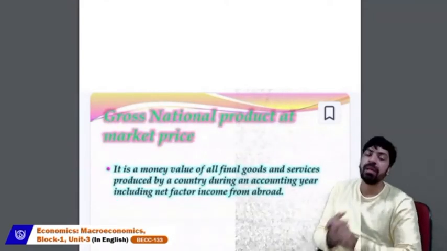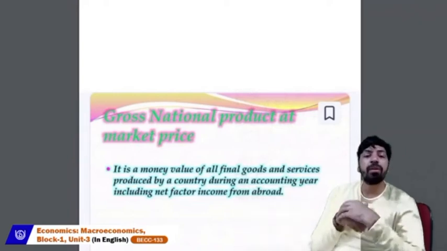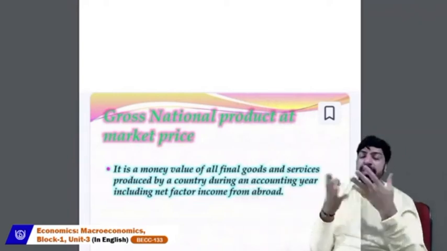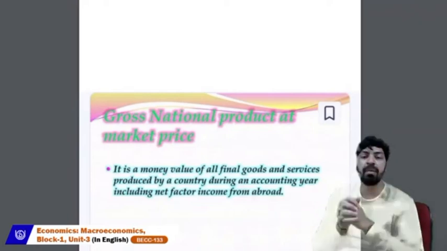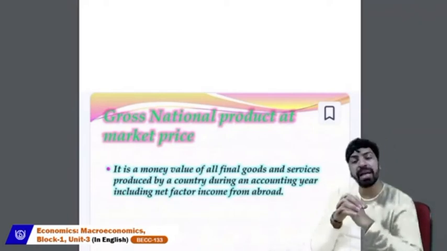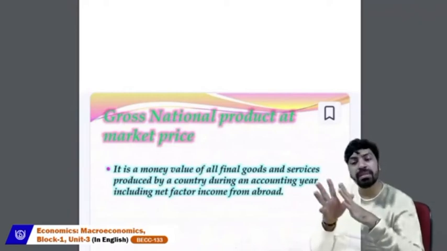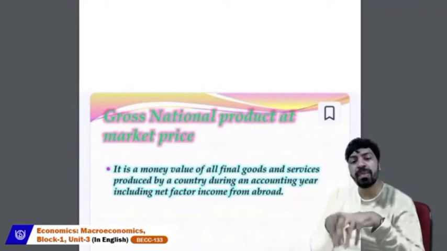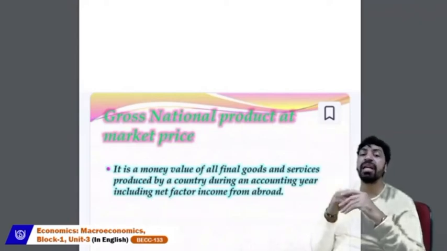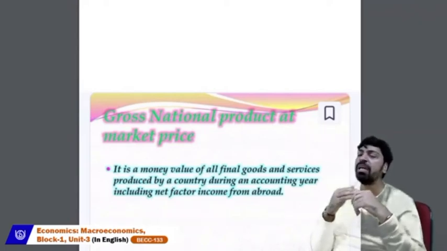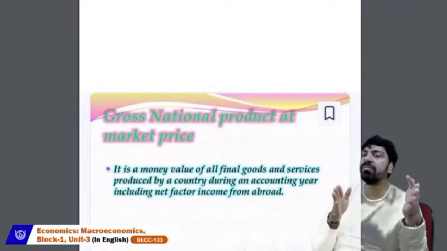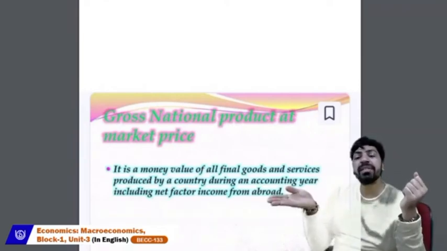When we talk about the gross national product at market price, we are not talking about it domestically. We are talking about the foreign sector as well. It is the total value of money of all those goods and services which are produced by a country, including the net factor income from abroad, which includes the income of the residents and the non-residents of the country.